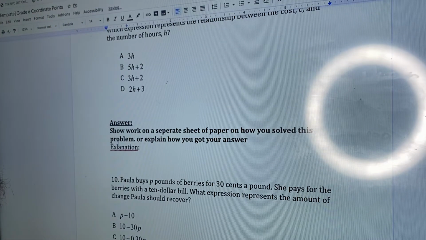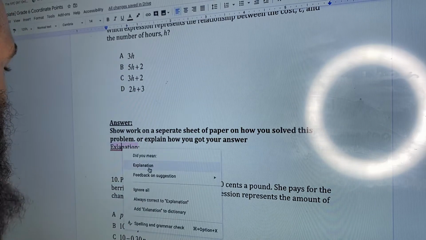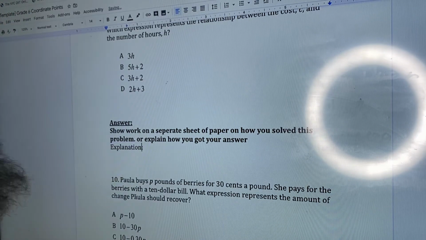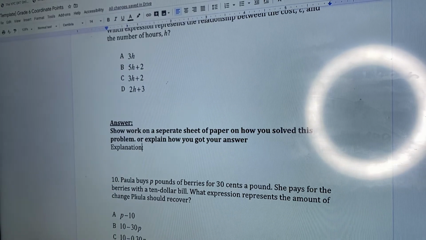I'm going to give you an option. Either you can show your work and send a photo to me, or you can explain in words how you got your answer. And pretty much, I just explained it.